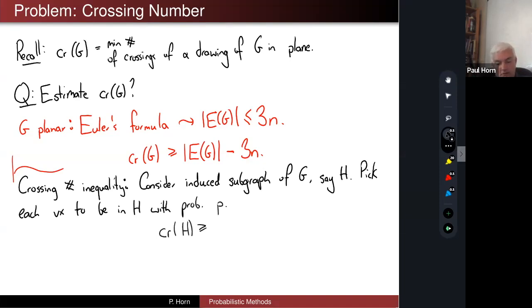Now, it's still true that the crossing number of H is at least however many edges are in H minus 3 times however many vertices are in H. So this crossing number inequality that I get from Euler's formula still holds.